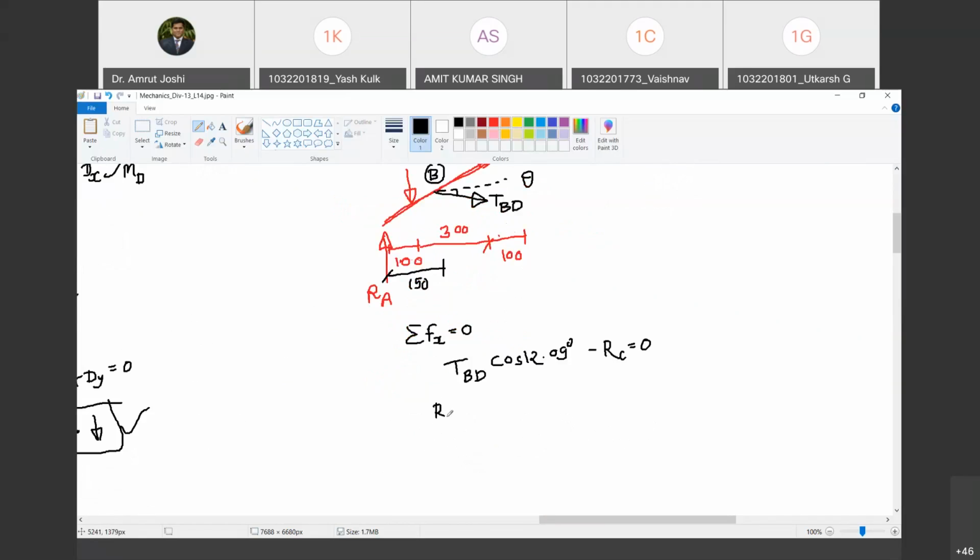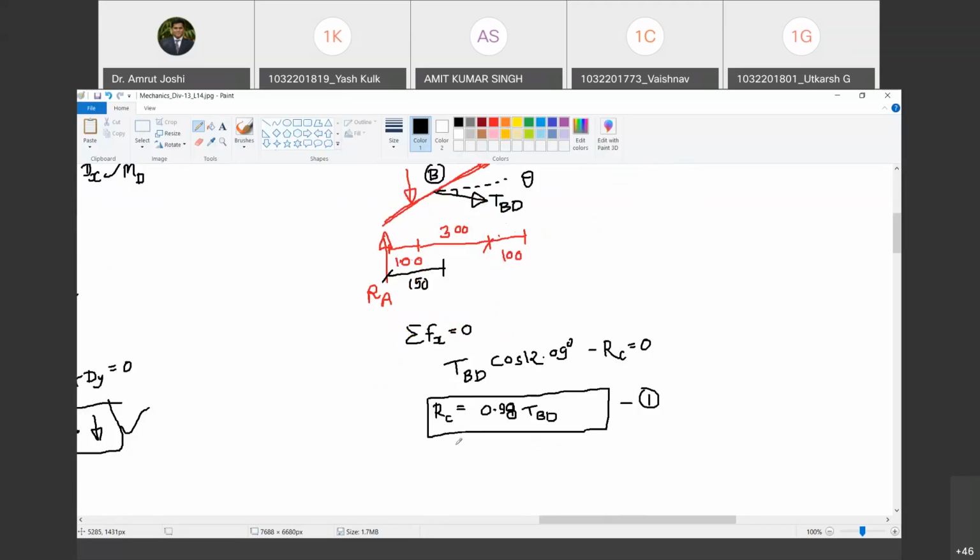So RC is equal to, tell me how much is cos of 12.09? 0.977. Just take it as 0.98. So 0.98 times TBD. This is the first equation that we have got.